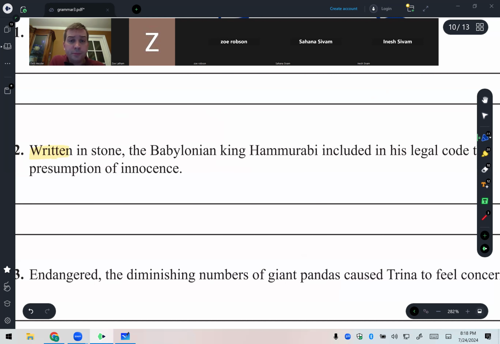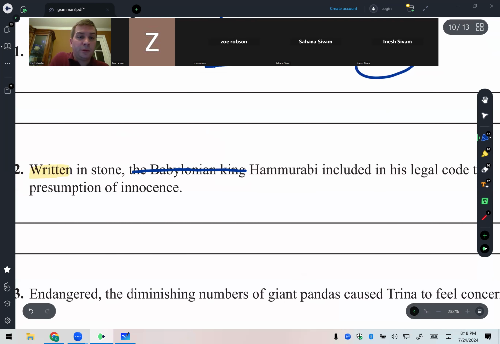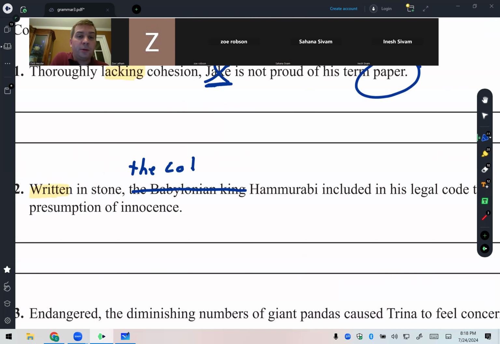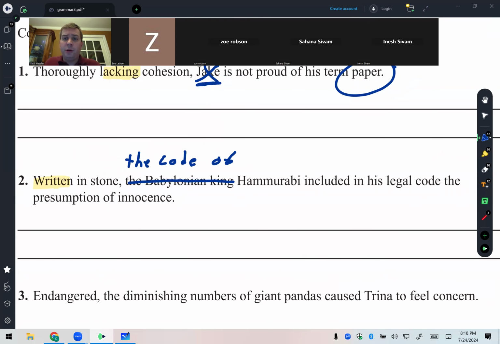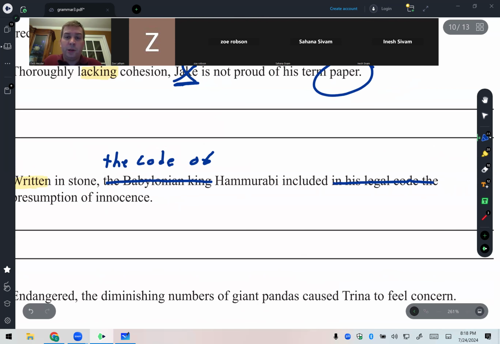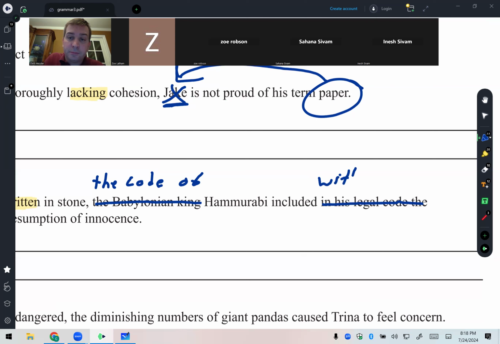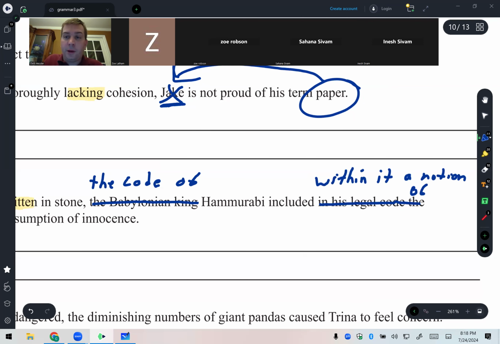Written in stone. I'd probably say the code of Hammurabi. Written in stone, the code of Hammurabi included within it a notion of a presumption of innocence.